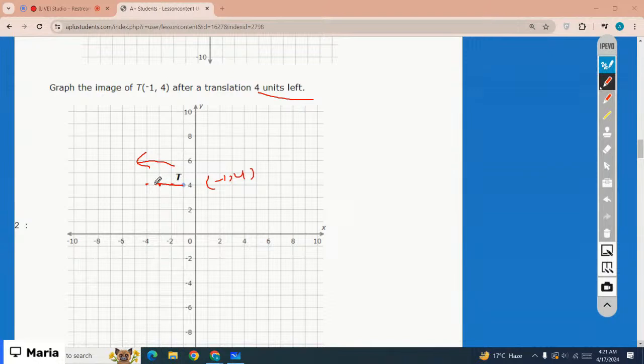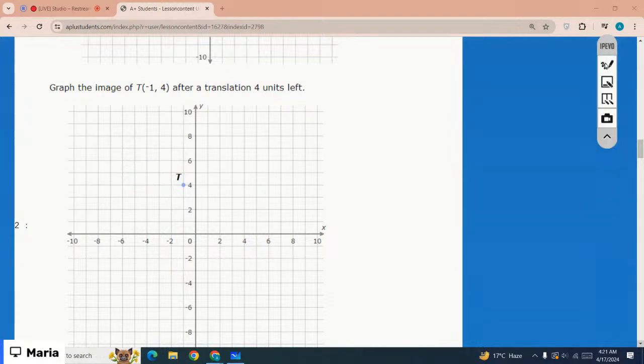Hold on. Here is the translated point. The coordinates are negative 5 and 4. Got it? That is the translated point. You can see the solution.